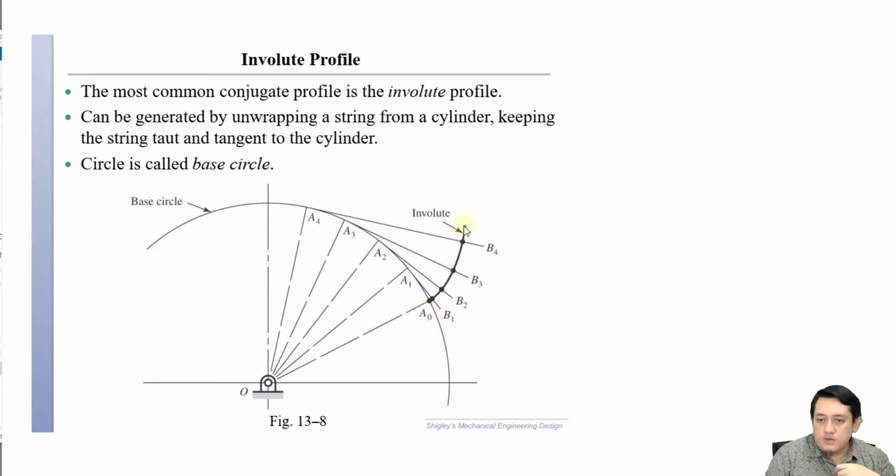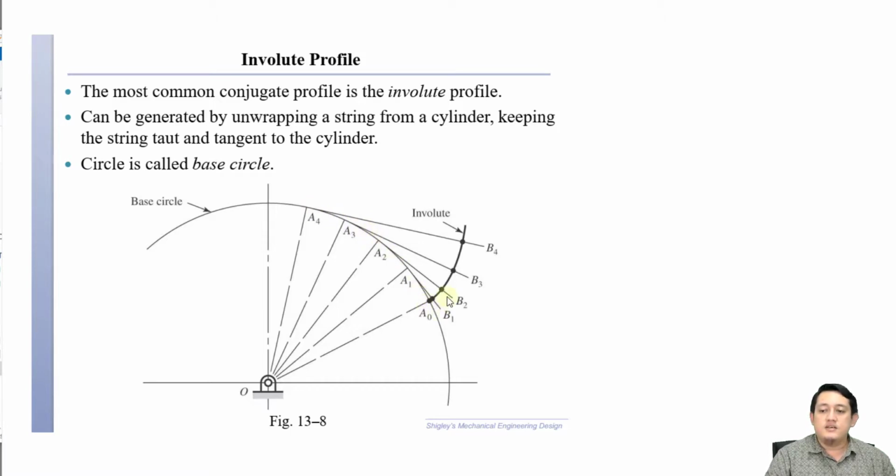Let's look at this one. It mentioned here that it can be generated by unwrapping a string from a cylinder, keeping the string taut and tangent to the cylinder. How do they make this? First, if you see from A4 to B4, this line is the same length as from A4 to A0.